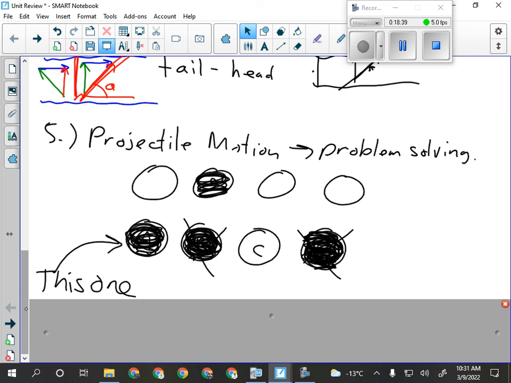Question number 4 is an acceleration problem where vectors are important. And there's a units trick.